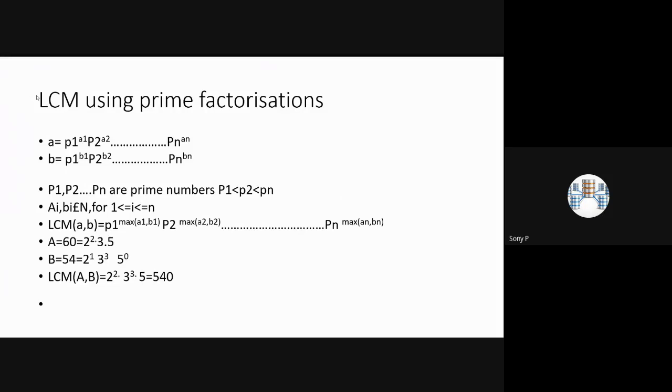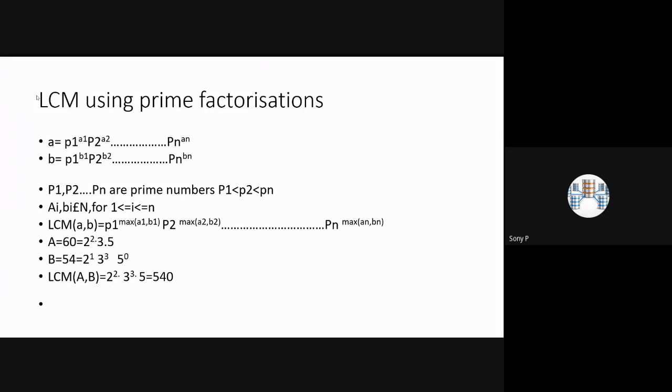Any number can be written like this: a is equal to the product of some prime numbers. Here the positive integer a can be written like this: p1 raised to a1 into p2 raised to a2, etc. up to pn raised to an.